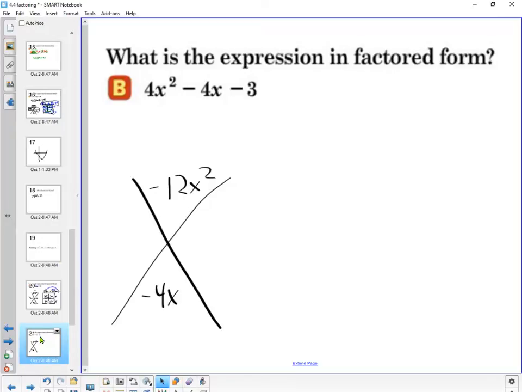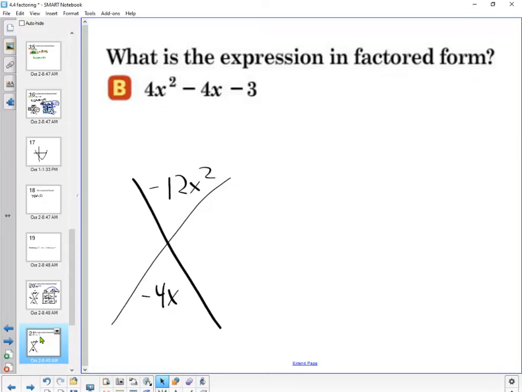So what we're doing is we're going to look at these two numbers, see what they have in common. How would we break this up? We have 2 times 2 times x. Negative 1 times 2. So that's all you're looking for.